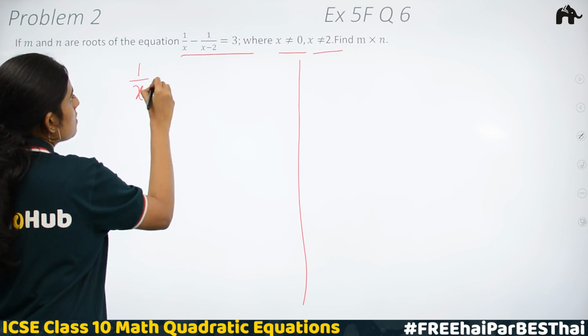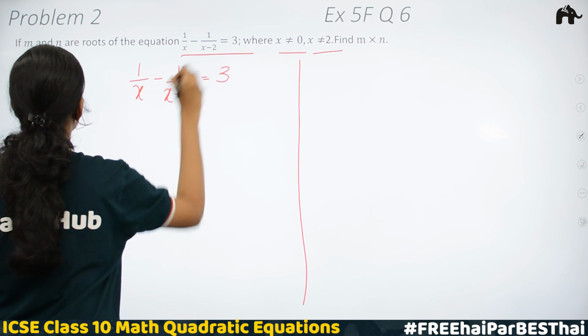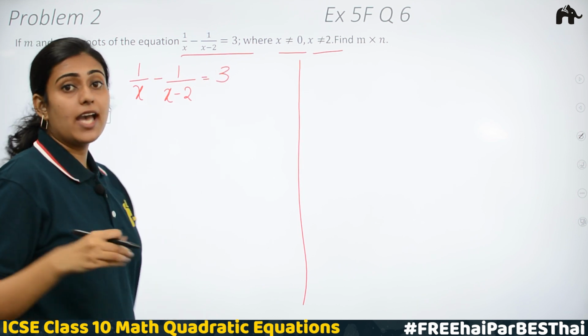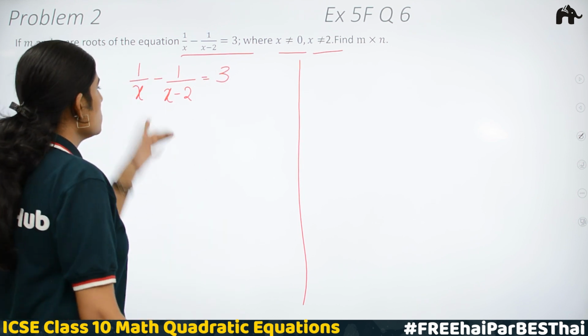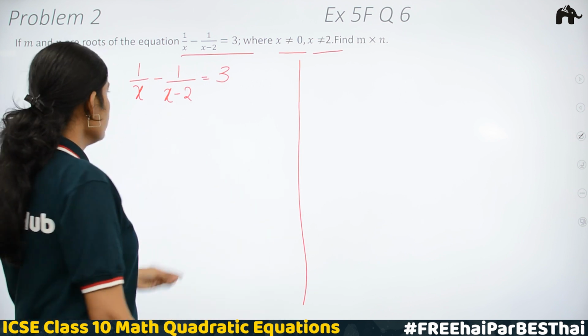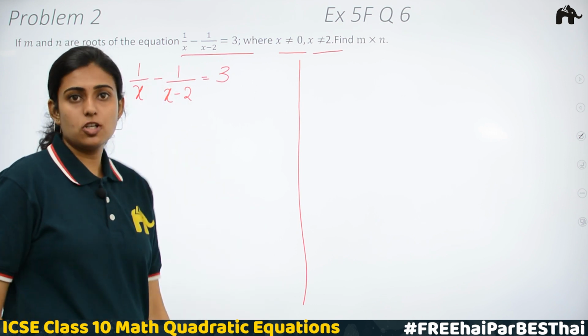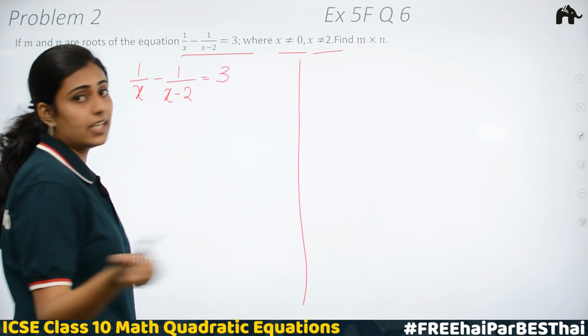1 by x minus 1 by (x minus 2) is equal to 3. Given that m and n are the roots, once you solve this equation, you will be getting two possible values for x. One value of x will be m and the other value will be n because they are the roots of the equation.